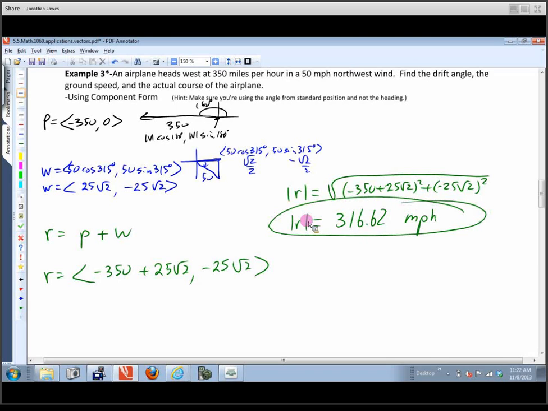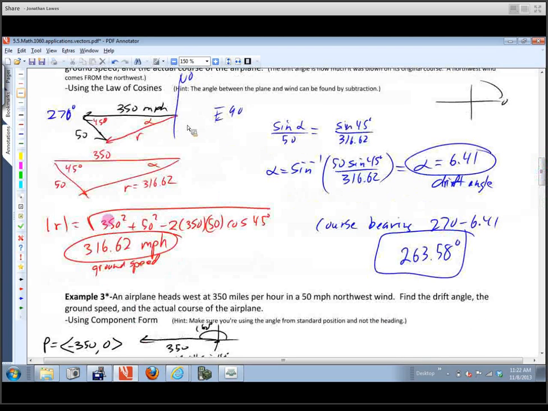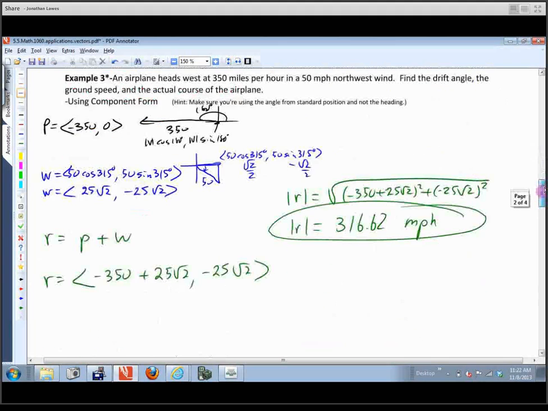Okay? Looking at the calculations we had to compute here, this is relatively straightforward.